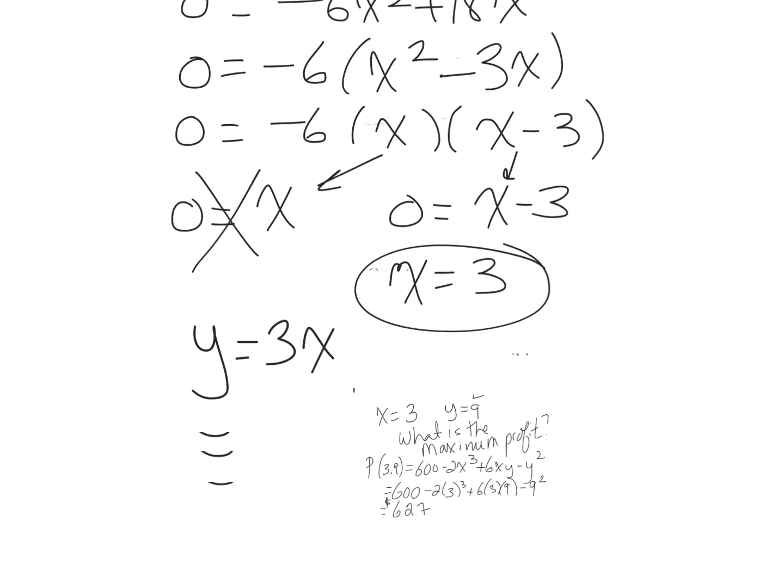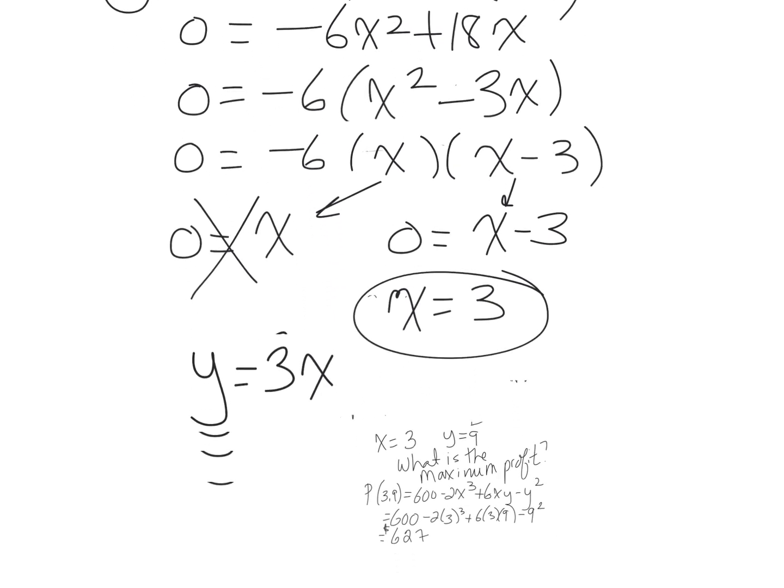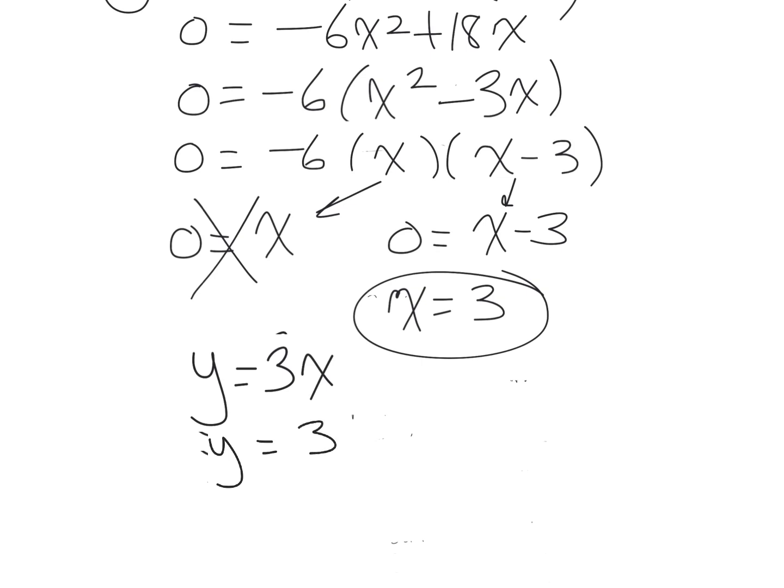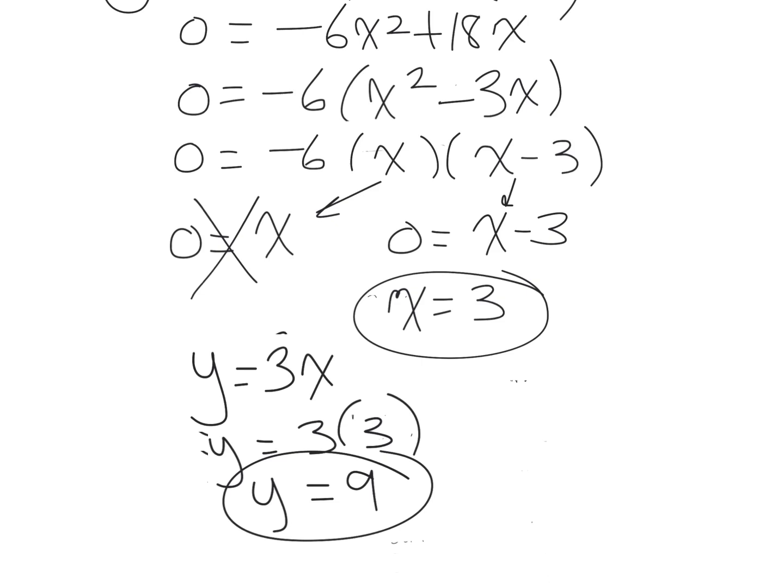And so when x is 3, we have y equal to 3 times 3, or 9. So we have a gallon of gas costing $3, and we have the hourly wage at $9 an hour.